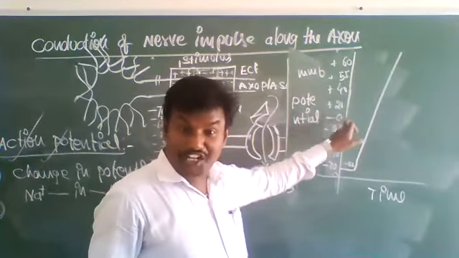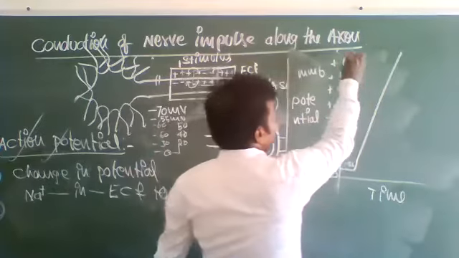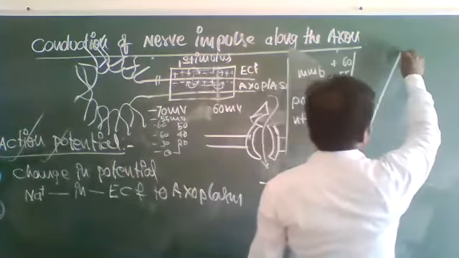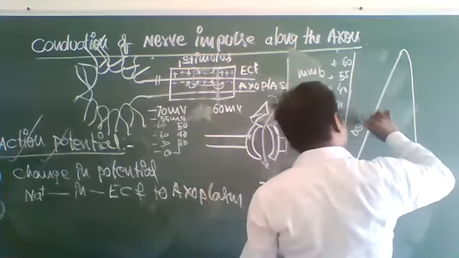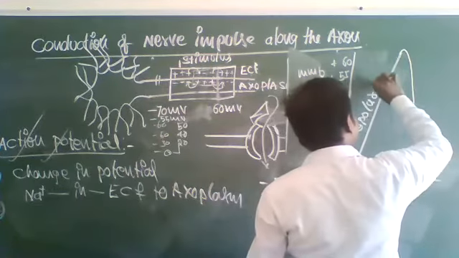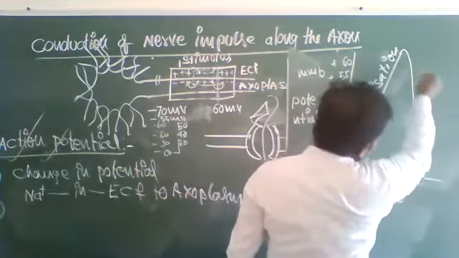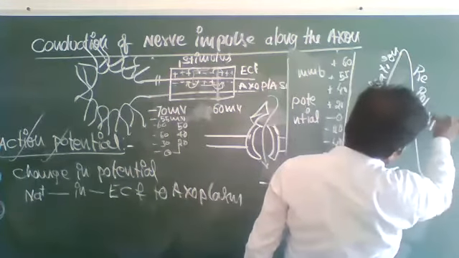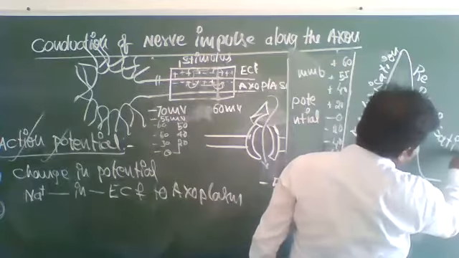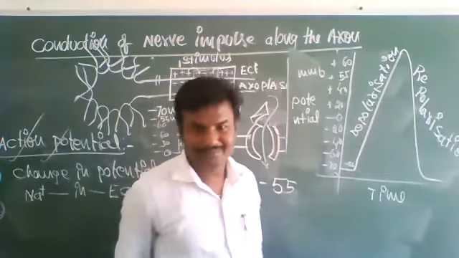When the action potential is at its peak, it goes to plus 60. This is depolarization, and this is repolarization.